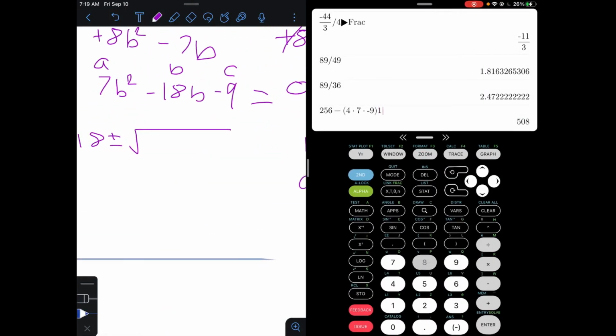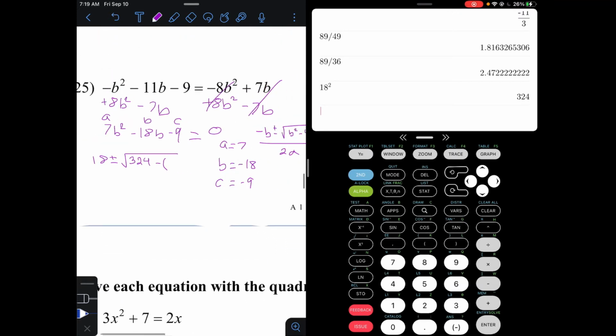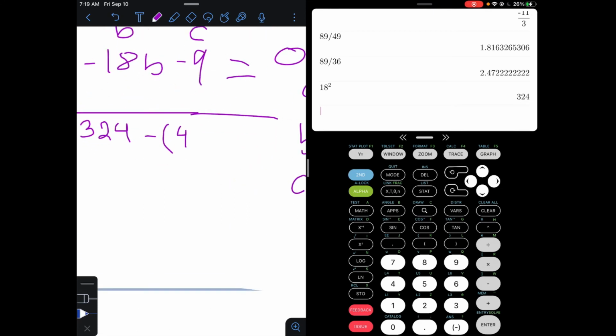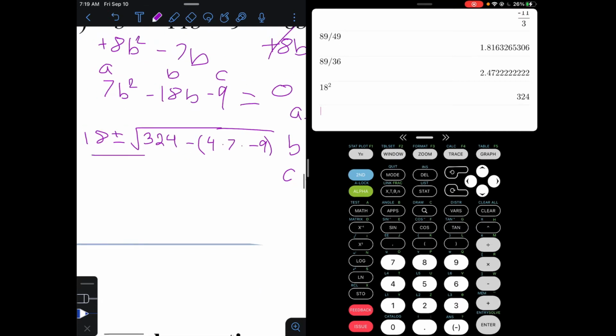So I'm going to do 18 squared, which gives me 324. And then it's minus 4ac, so we're going to do 4 times 7 times negative 9. And then that's all over 2 times a, so 2 times 7, which is going to give us 14.